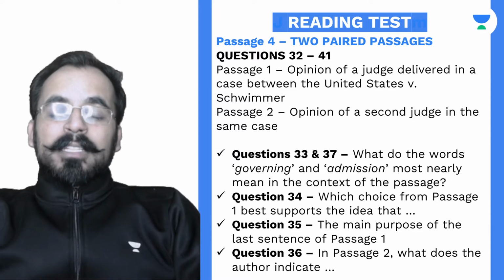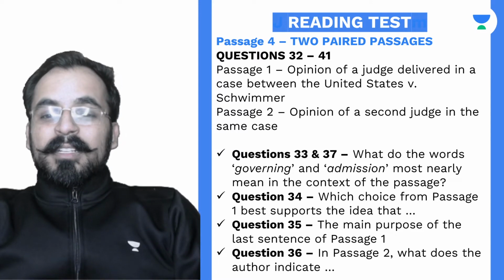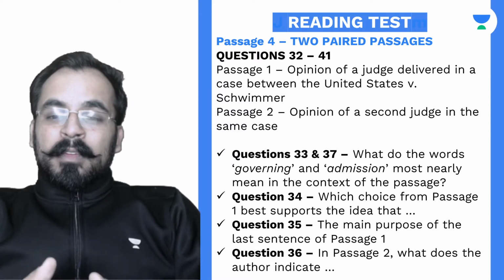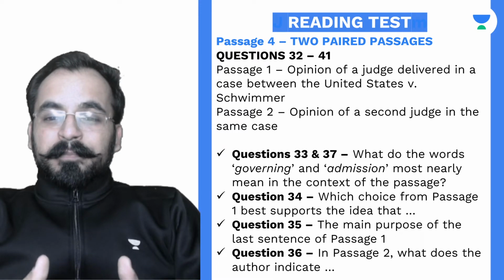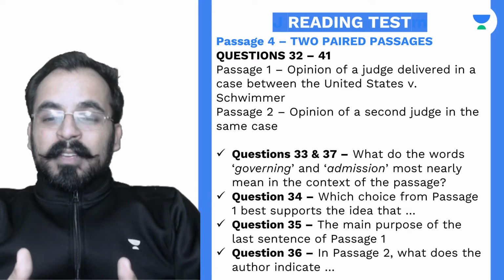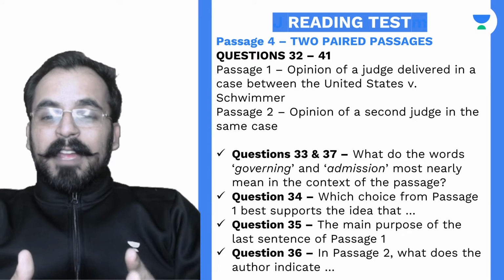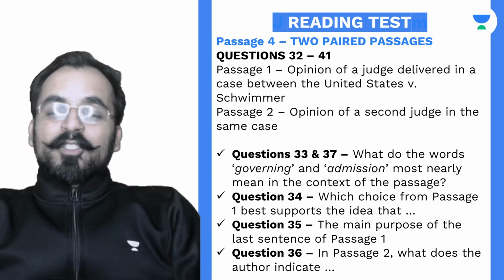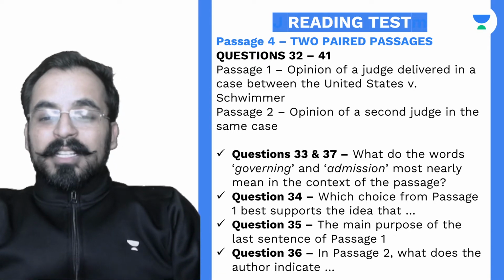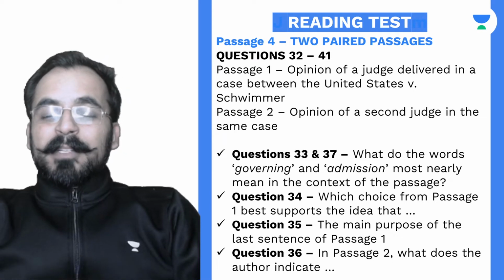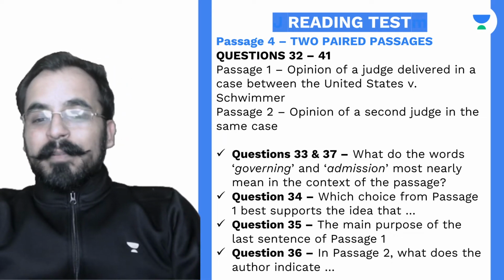The same was repeated here. Questions 33, 34 and 35 were individual questions based on passage 1. Question 35 asked the main purpose of the last sentence of passage 1.